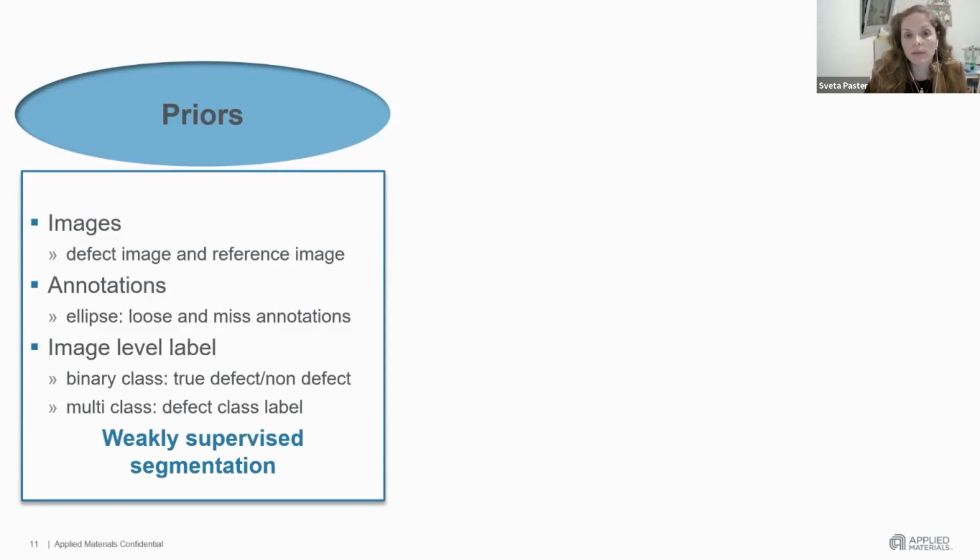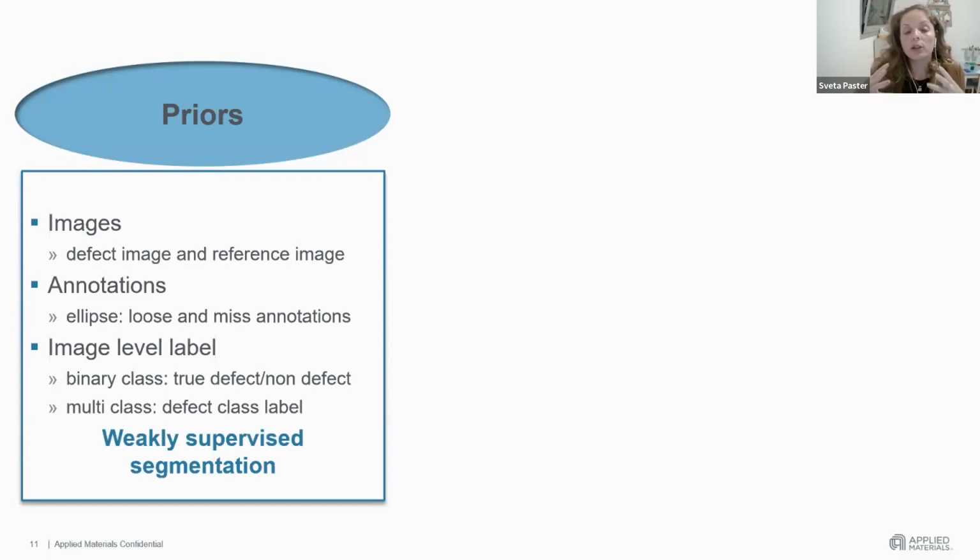One of them is the image level label. An image level label is basically a class. So we can have a binary class, which means if we have a defect in our defect image, we consider it a defect class.